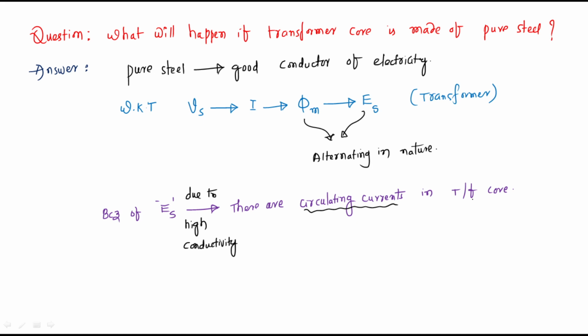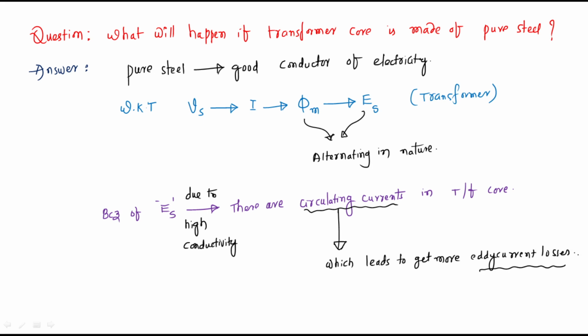Whenever we have circulating currents in the transformer core, obviously we are going to get more eddy current losses. This is a very important point.